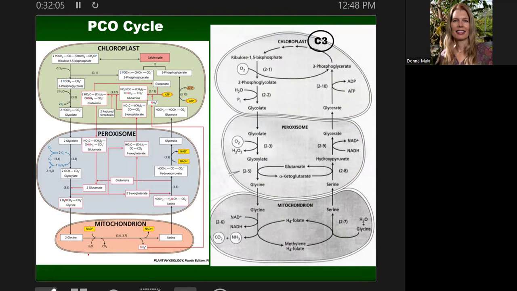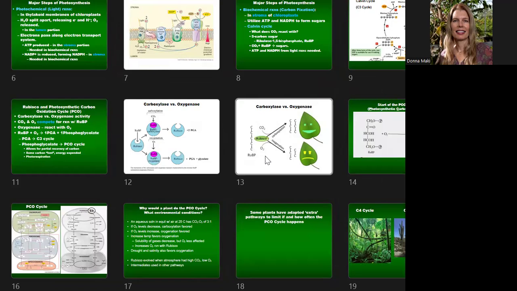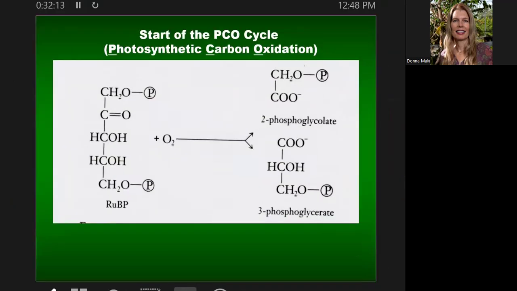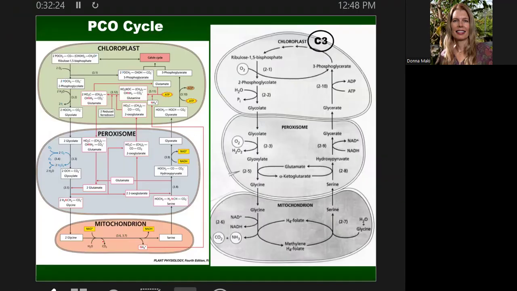Okay, so what we just looked at in that previous slide, let's go back to this one here. So Rubisco and oxygen, and you get one molecule of PGA and then that phosphoglycolate. So here's RuBP and oxygen reacting.